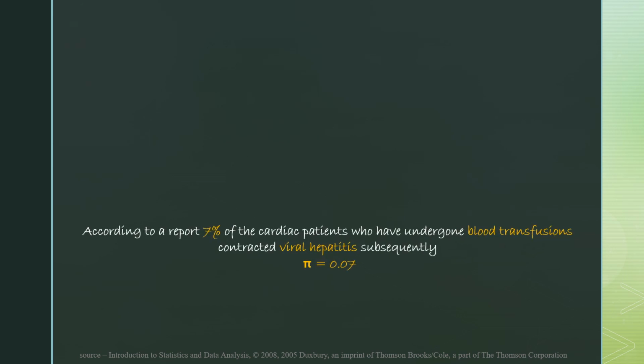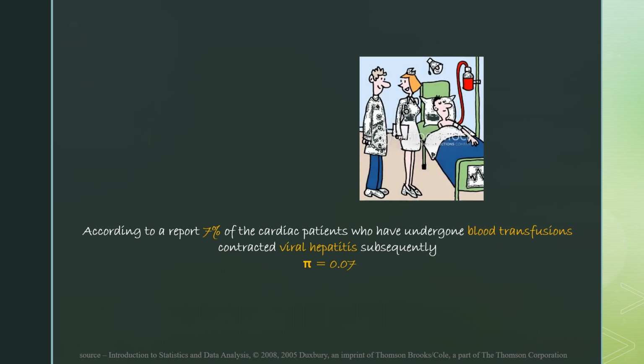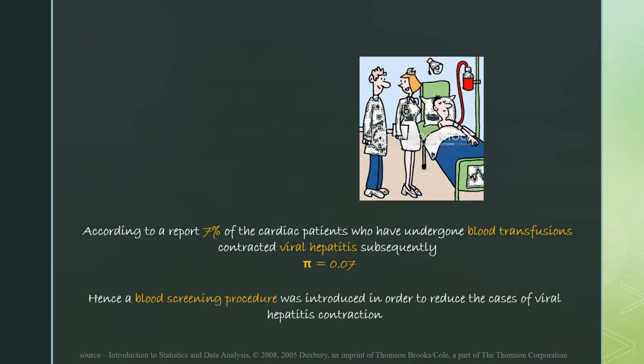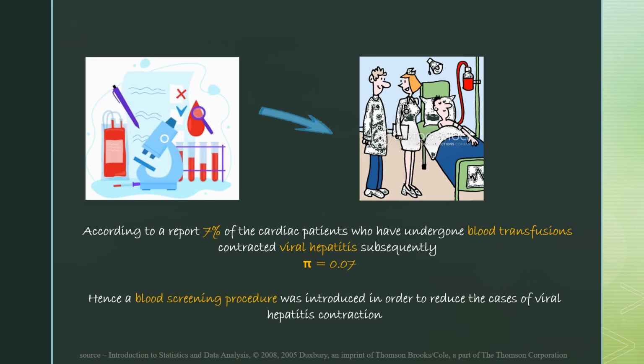Let's apply the understanding we had so far on sampling proportion distribution using the problem that I posted in the beginning of this video. According to a report, 7% of the cardiac patients who have undergone blood transfusions contracted viral hepatitis subsequently. The population proportion pi in this case is 0.07. Hence, a blood screening procedure was introduced in order to reduce the cases of viral hepatitis contraction.